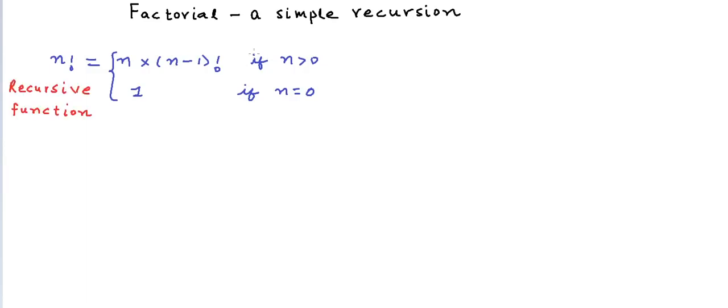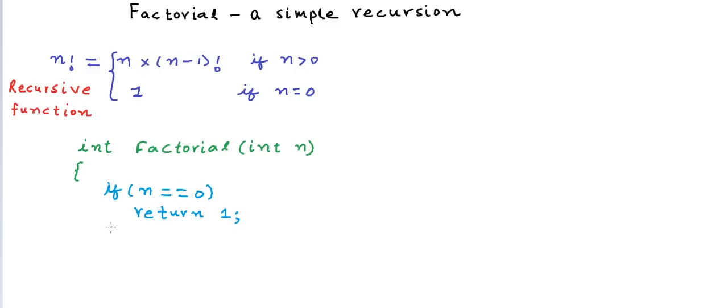Now the concept of a recursive function is also valid in the context of a programming language. So I will write a recursive function to calculate factorial here. Let's say we write a function that returns an integer, and the name of the function is factorial. It takes an integer as input, so we'll say int n is the input, and the function goes like: if n is equal to 0, simply return 1, else return n into factorial n minus 1.